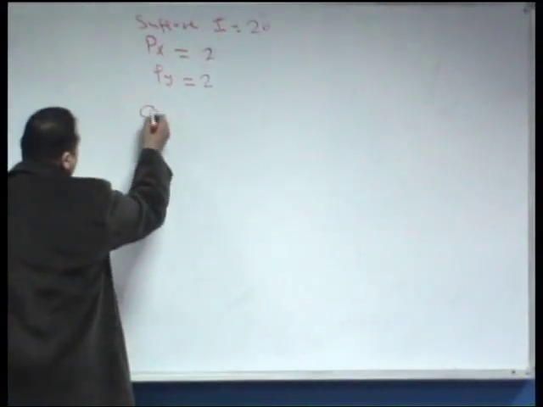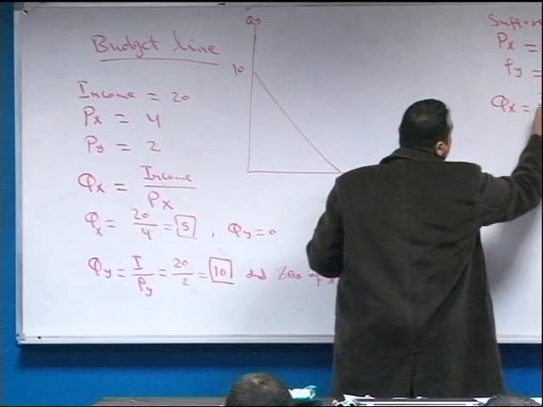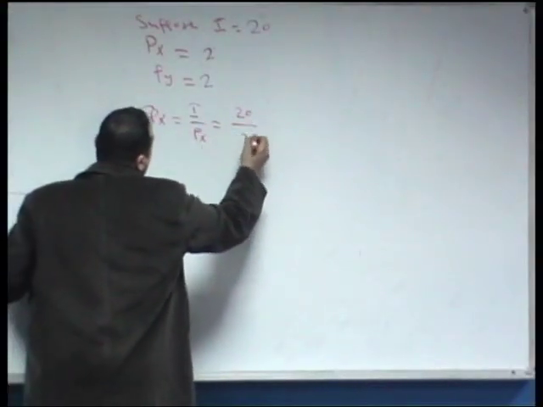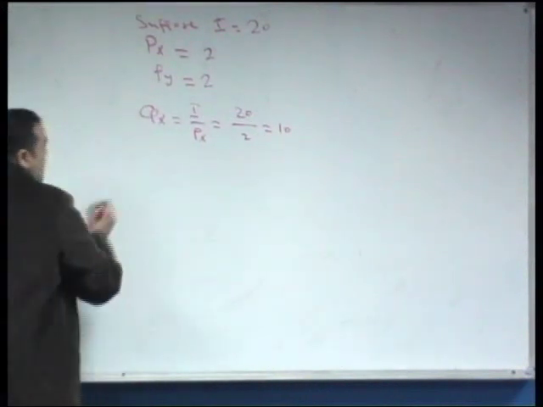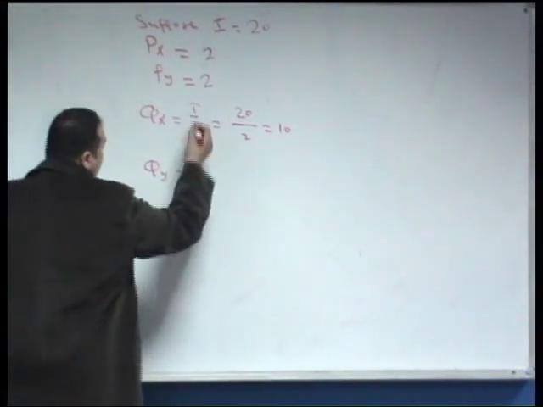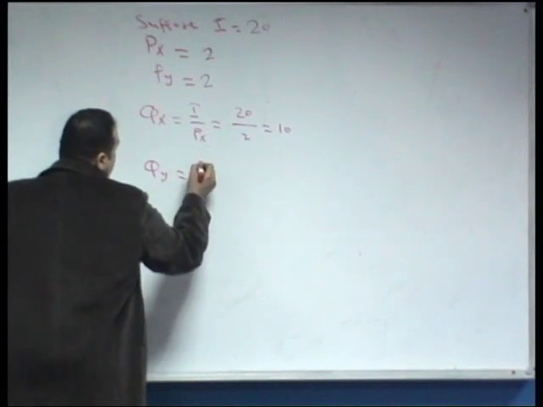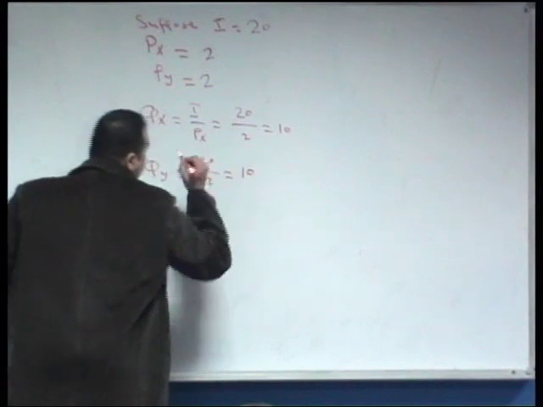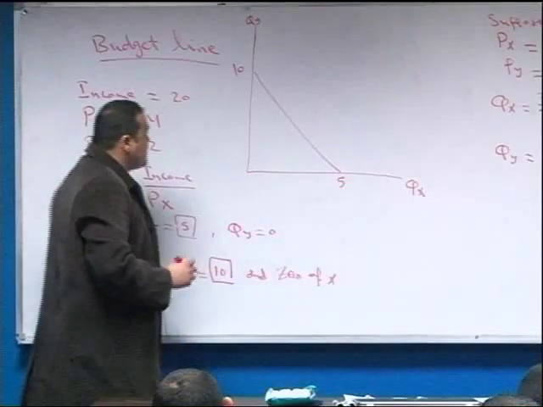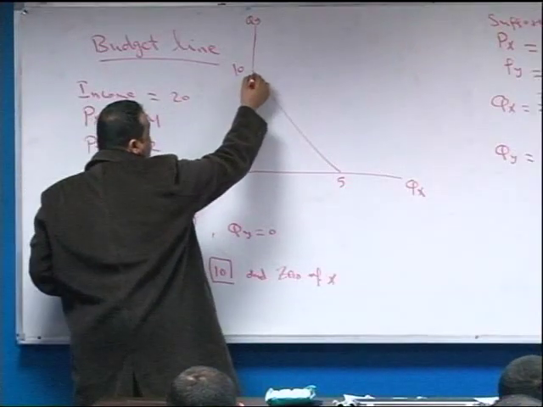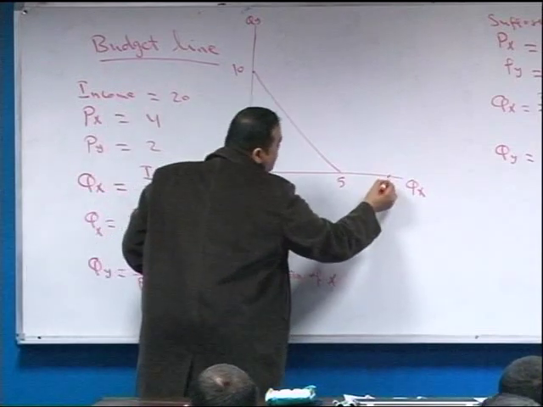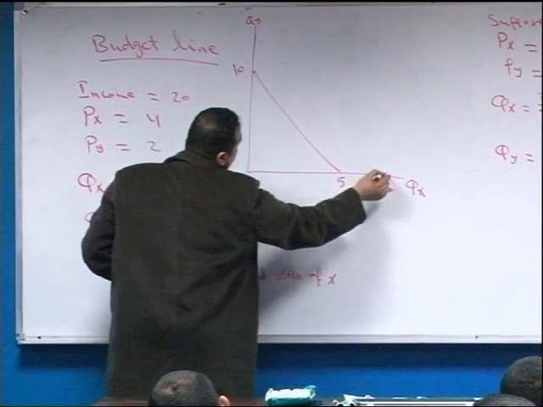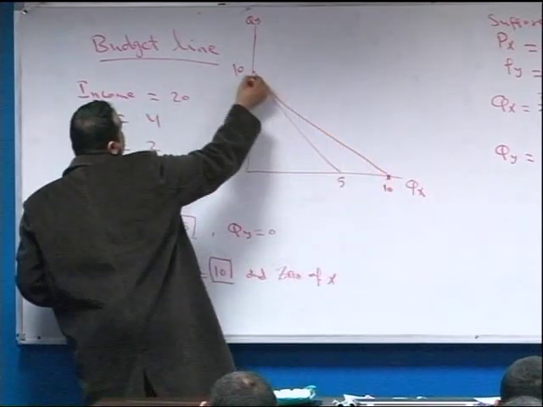The new QX in this case equals I over PX equals 20 over 2, 10. QY would remain constant. 20 over 2 equals 10. So, in this case, the quantity of Y remains constant and the quantity of X increased to 10. So, here we have a new budget line.